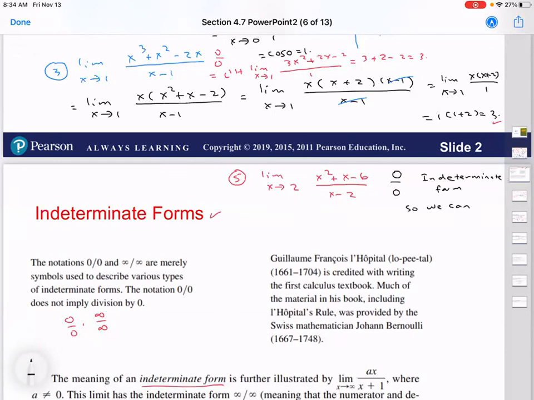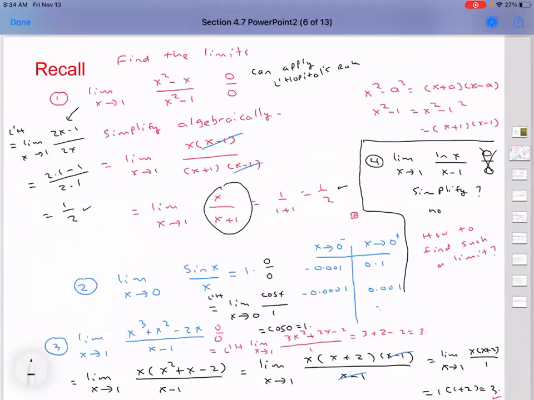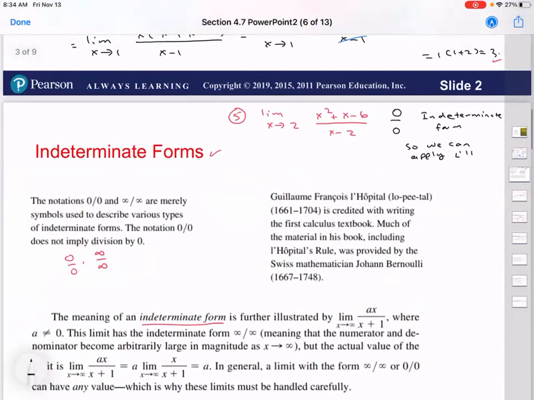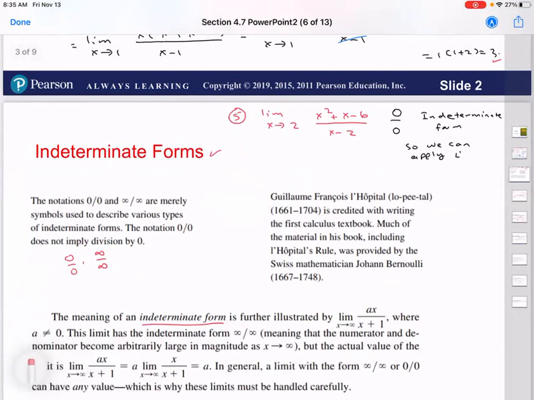So we can apply L'Hopital's rule there. Okay, everybody, so do we need to use the rule? In this case, in problem 5, we don't have to.